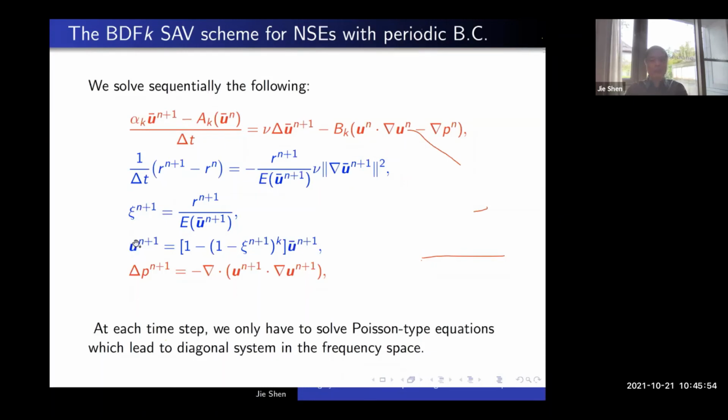Once you compute U n+1, you solve a pressure Poisson equation. So the total cost is solving this equation here and this equation here, which in the periodic case, if you use a Fourier spectral method, are all diagonal systems, no equation to solve. So it's very, very efficient.